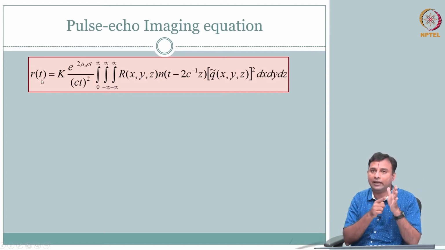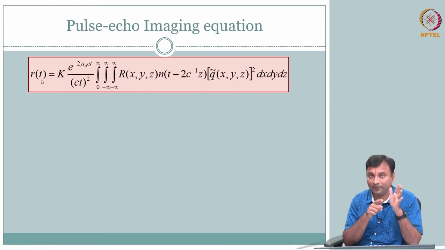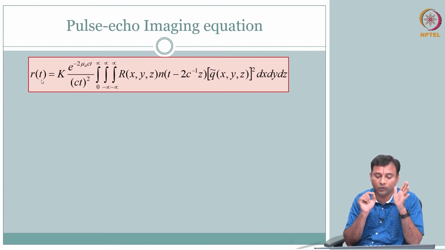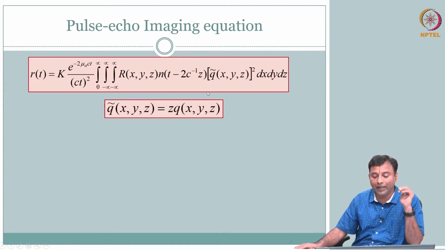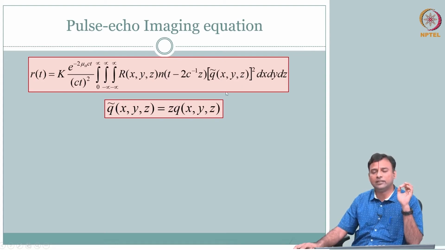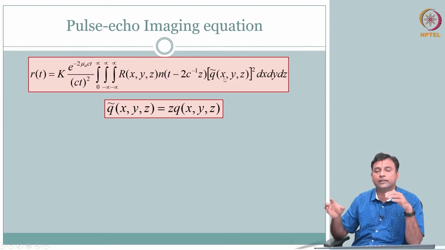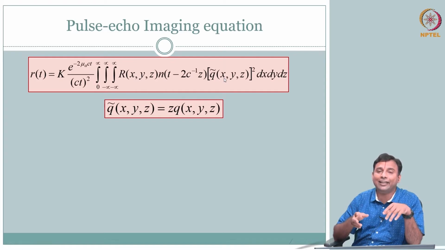So t is related to your distance, we will make that a little more explicit now. Okay, so all this is where we got so far. Of course, what was this Q? We spent time. So this Q dashed, Q tilde here. So this is the same equation we had, I have just made it Q tilde with Z of Q of X, Y, Z. So this Q square I also said sometimes is called the directivity function.